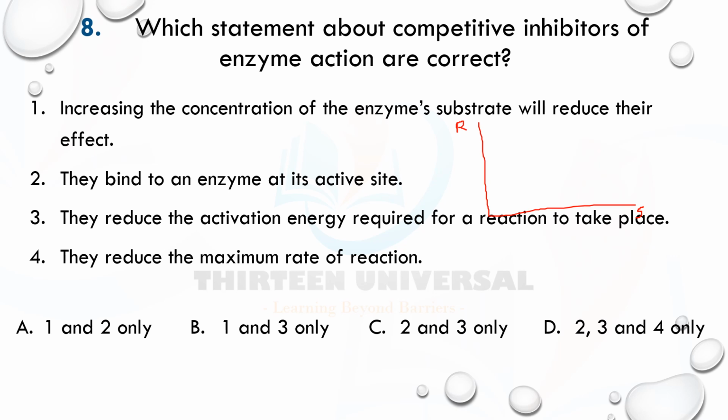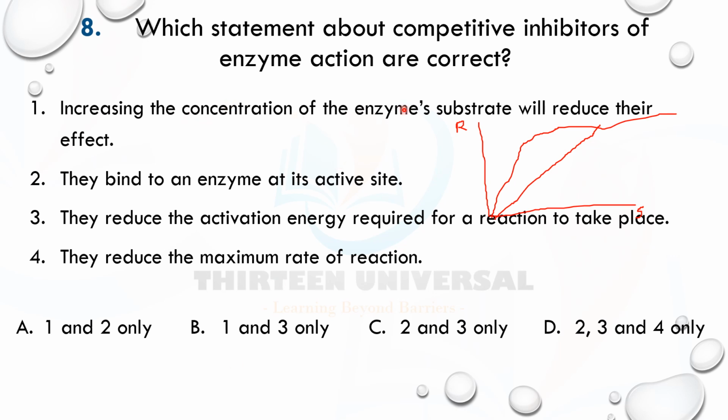Without inhibitor, it goes like this and levels off. With competitive inhibitors, it increases, and you see what is happening here. So increasing the concentration of the enzyme substrate will reduce the effect. Yes, that statement is correct.